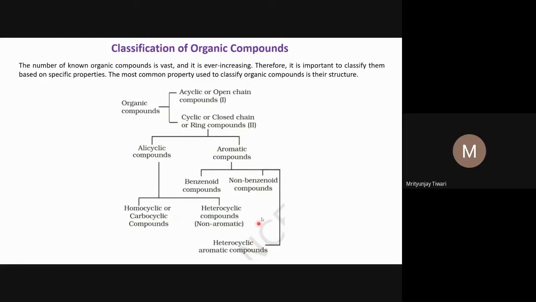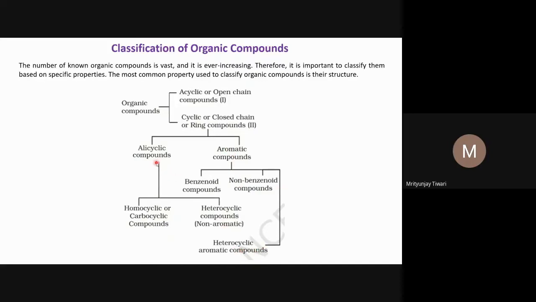So we have benzenoid aromatic compounds, non-benzenoid aromatic compounds, and heterocyclic aromatic compounds.